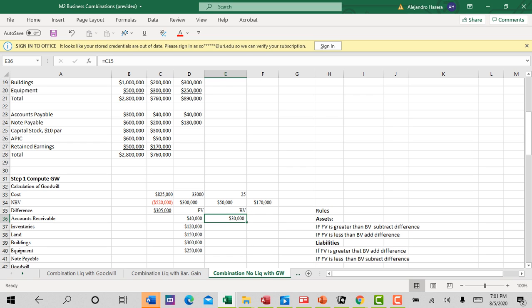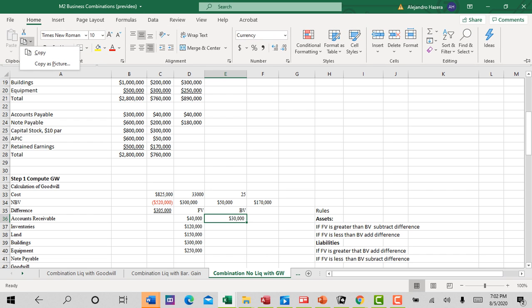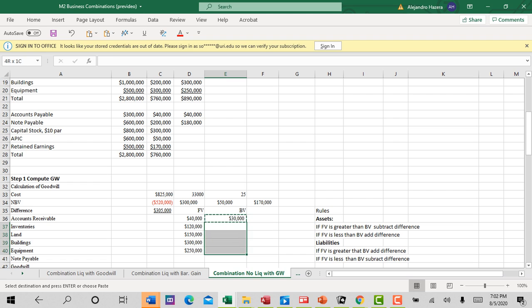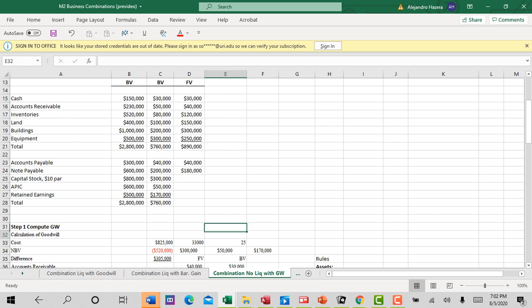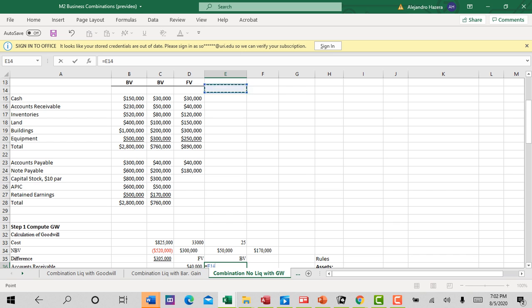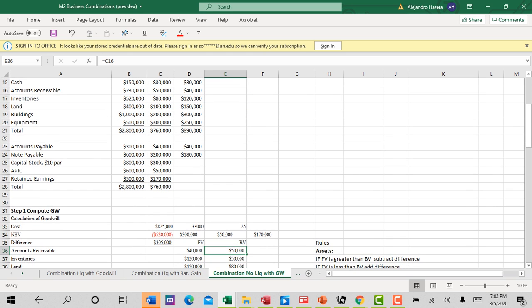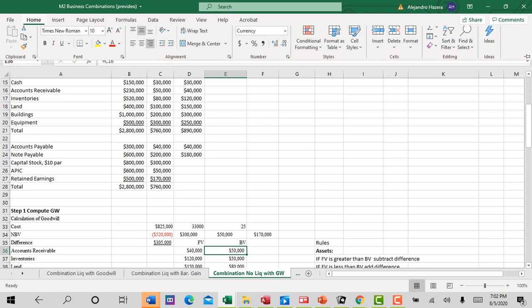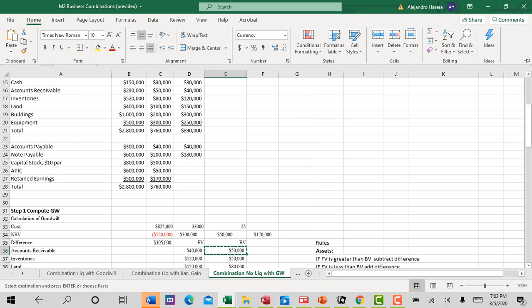And the book value of accounts receivable is 30,000. So I should be able to copy down from here. I think those are off. Oh, I'm taking cash. Let's do this. Sorry, I want to save this space. I'm using it all. Okay, so that's what happened.